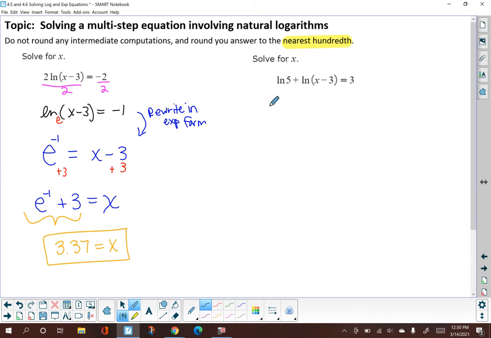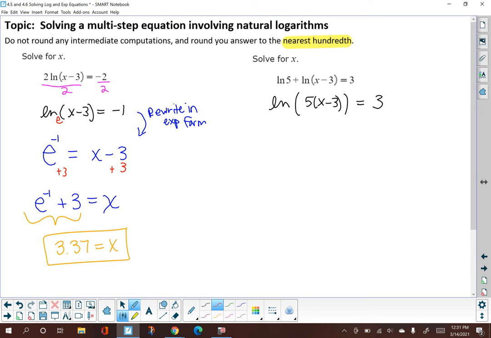So this is the same as the natural log of the 5 being multiplied by the x minus 3. And I could distribute that 5, but it's really not necessary, so I'm going to just leave it like that.